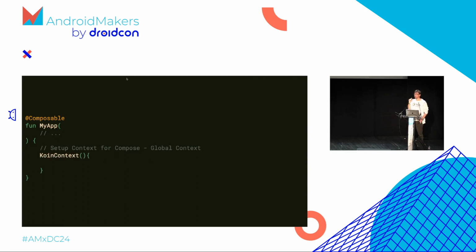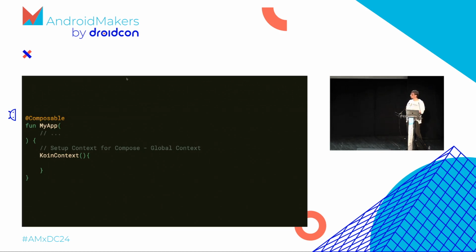In Compose, what you need to do at the root of your Compose application somewhere is identify that you are using a Koin context, to really benefit from all the scope and the cascading scope of your composable instance injection.